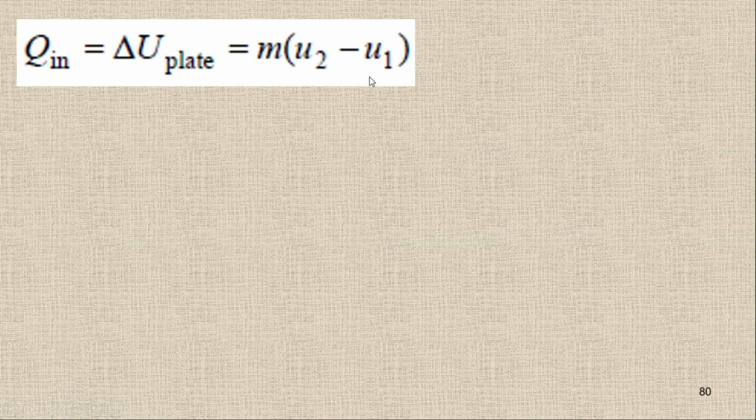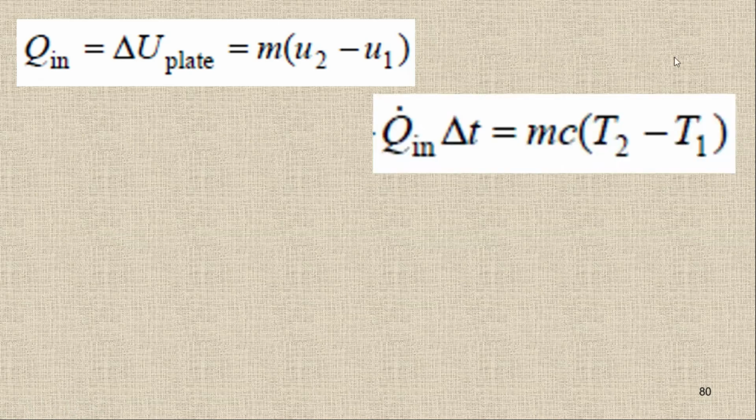So if I rewrite the equation, Q in is simply Q dot multiplied with the time, equal to m times U, which is simply CT. I'm not going to use the Cp or Cv here, rather I'm using C. So instead of U2 I write CT2, and instead of U1 I write CT1. Taking C common, it's simply mC(T2 minus T1). So Q dot multiplied with the time equals mC(T2 minus T1).